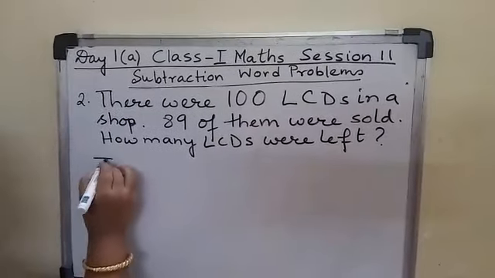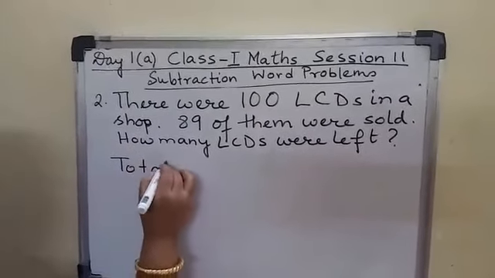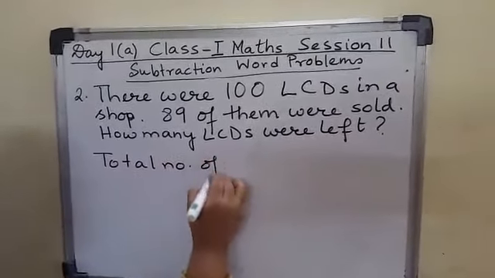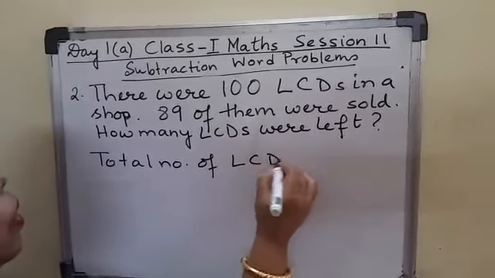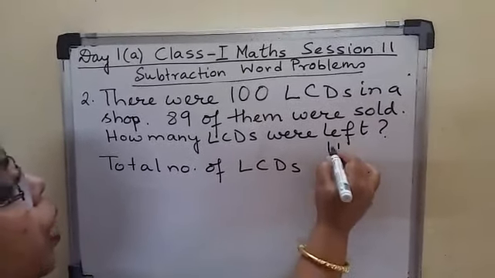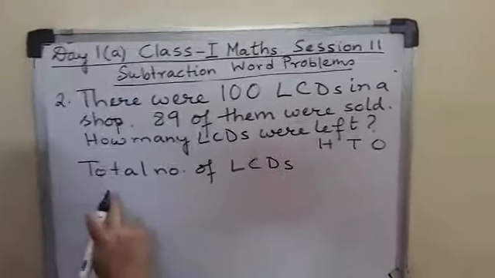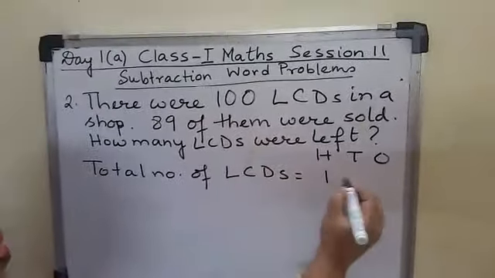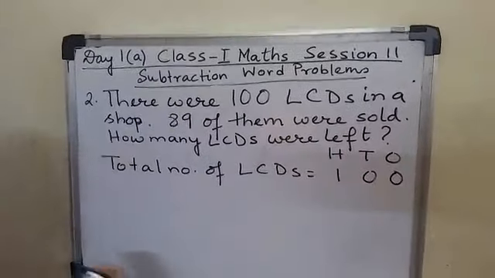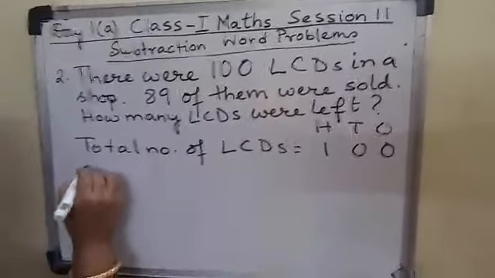So total number of LCDs equals to how many? Don't forget to write down H T O, hundreds tens ones, on top. Total number of LCDs equals to 100. Now, how many were sold?